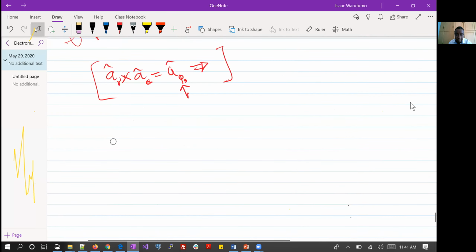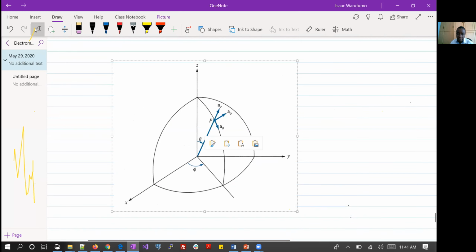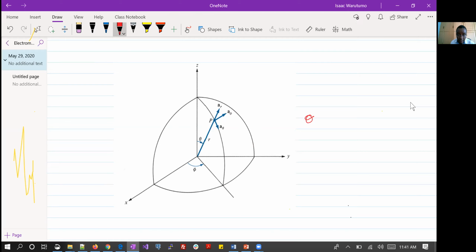And we are saying that if you wanted to express theta in terms of x and z, what you would do is to express these points at that point. First of all, express it at the base.